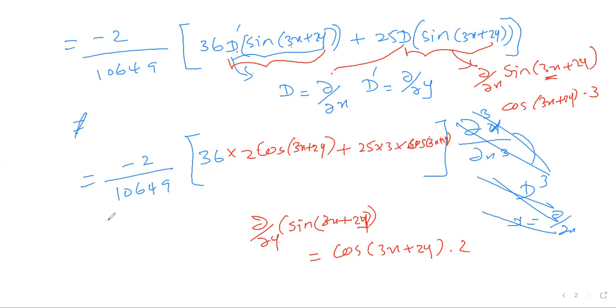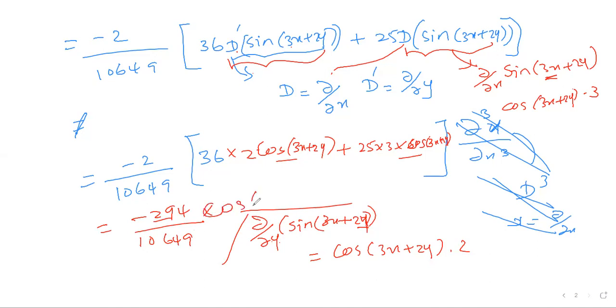So now what will happen? Both are cos, so you will have some simple number. You may get something like 295 divided by... don't worry about these constants. Same cos, cos 3x plus 2y. So this is our final answer.